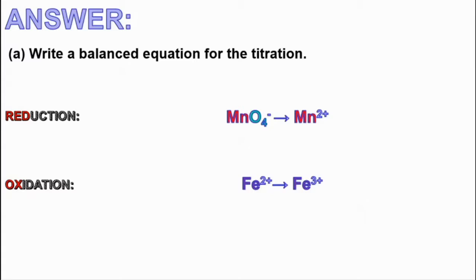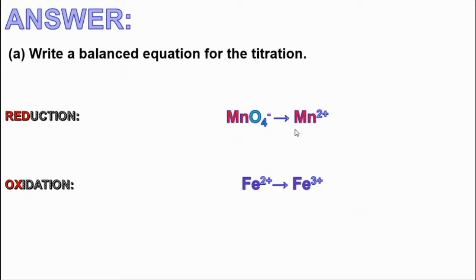Remember, once we have separated this redox equation into two half equations, the next step is to balance the number of atoms other than oxygen and hydrogen. So in the first half equation, the reduction equation, on the left side there is 1 mole of manganese, and on the right side 1 mole of manganese, so the atoms of manganese on both sides are balanced, no need to do anything.